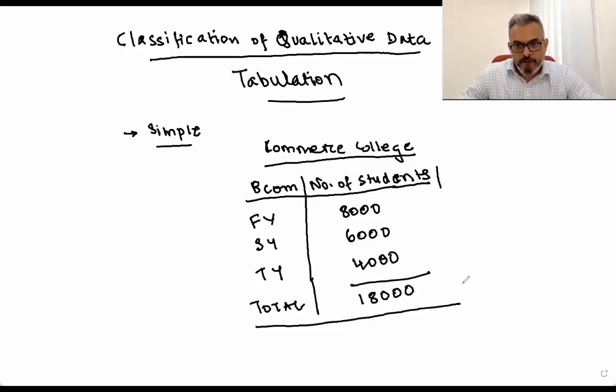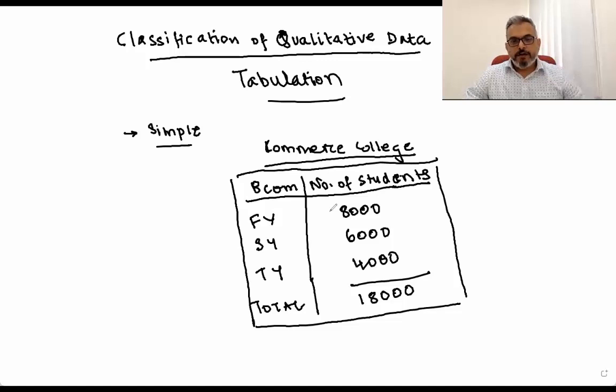So now we have this information where we are studying a single attribute, that is, either the students are in FY or SY or TY. Such a table is known as a simple table where one attribute is taken.